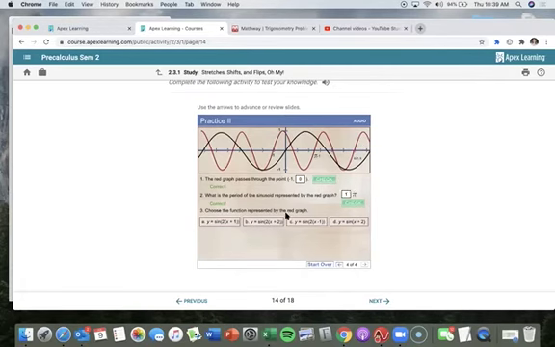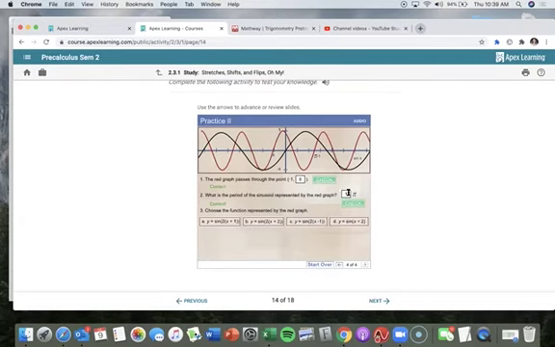Choose the function represented by the graph. First off, we know that there is a horizontal compression, and we know that there is a shift in the graph. We're able to look and see here that our new period is 1 pi.